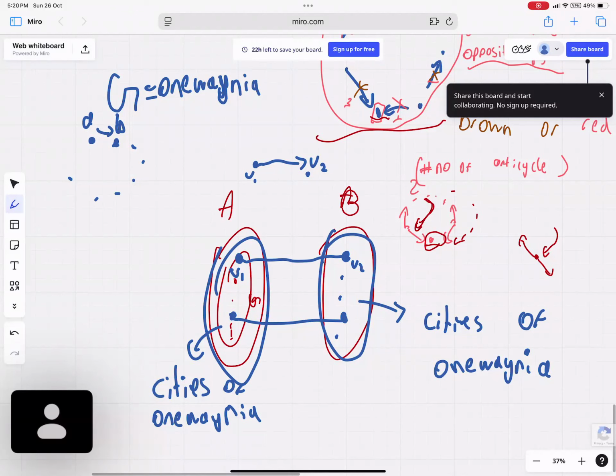And B represents the things that point inwards to it. So 2 and 2. Now every vertex has degree 2.